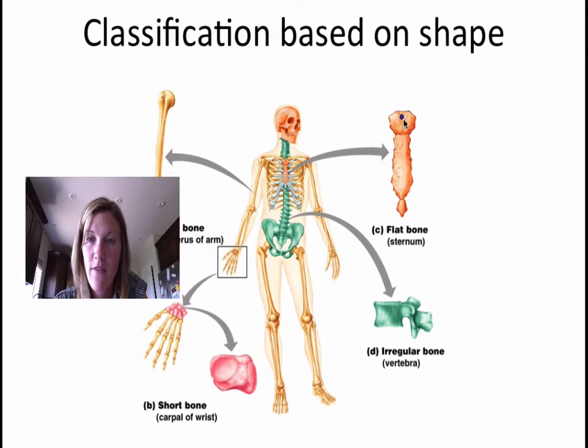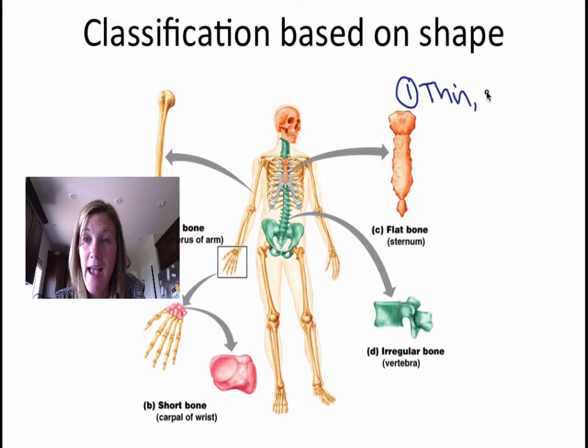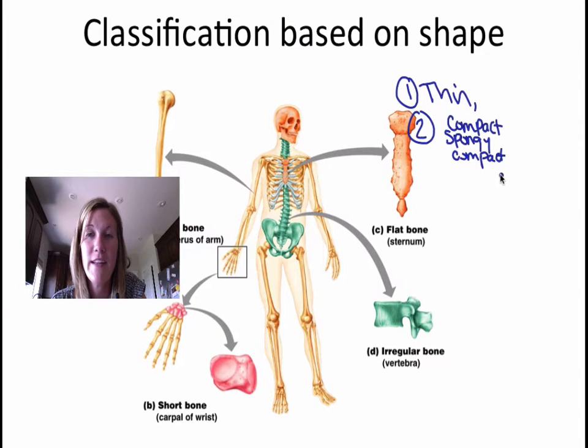Okay, so let's get rid of all of that extra writing. Let's now move on to the flat bones. Flat bones are thin and flat, as the name suggests. In addition, they usually have a spongy layer that's surrounded by compact layer on either side.